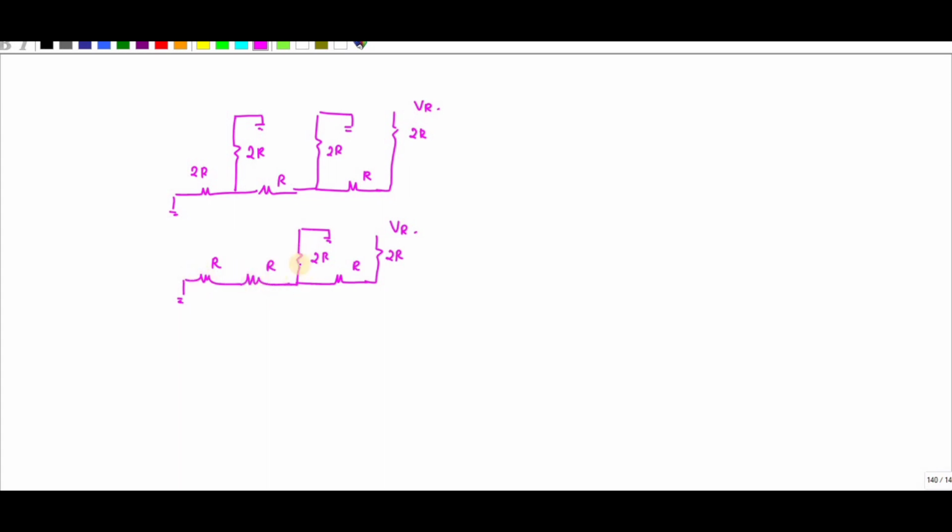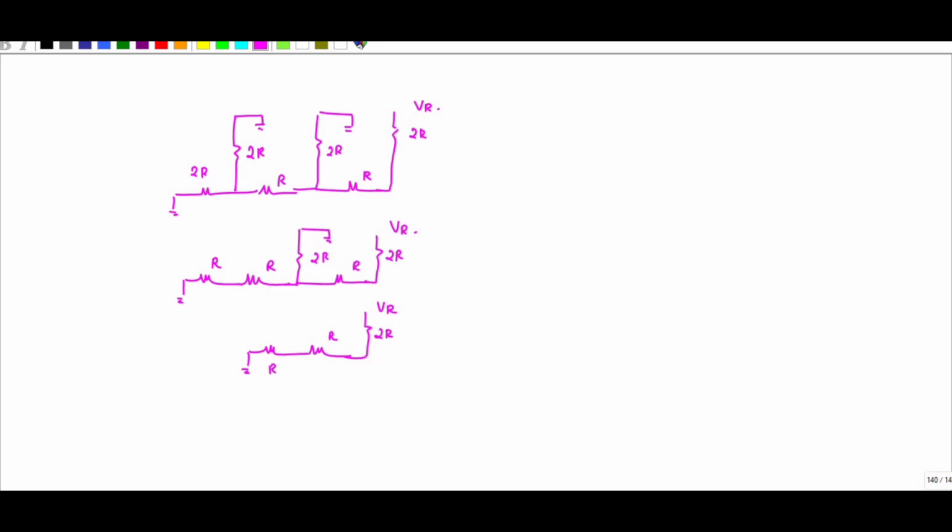So these two are in parallel, so we will get R. So I am going to replace this one by 2R and this is R. So R in series with R. Okay, this is how the circuit is.